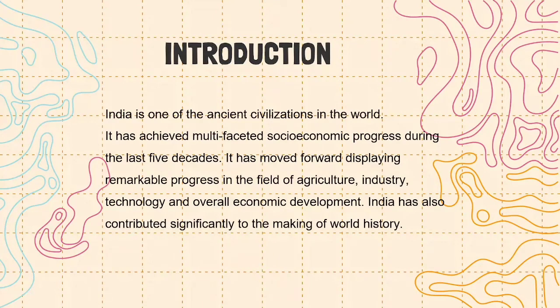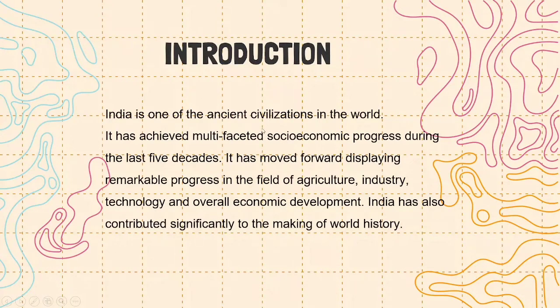So as they have explained in the slide, we could see that India is one of the most ancient civilizations of the world. So India as a country is contributing to various important factors of the world.